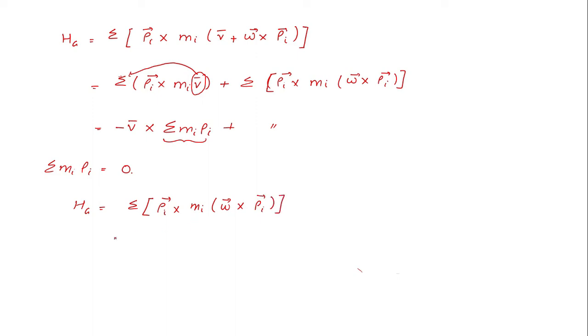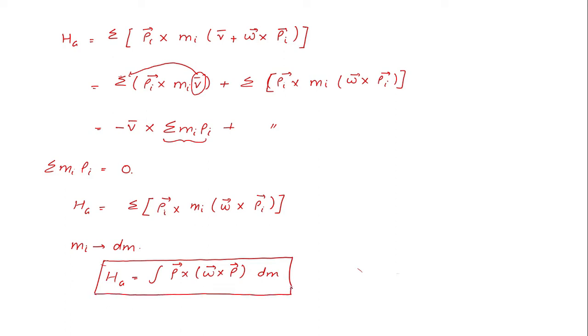Now instead of taking the rigid body as a system of particles, I consider differential elements dm, then the equation can be written as Hg equals integral rho cross omega cross rho into dm. This is the angular momentum of the rigid body with respect to the mass center.